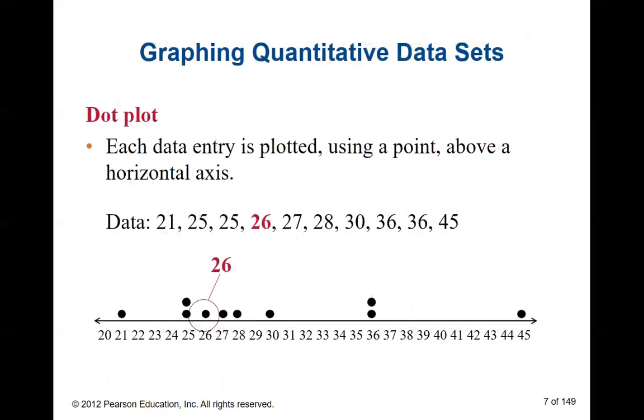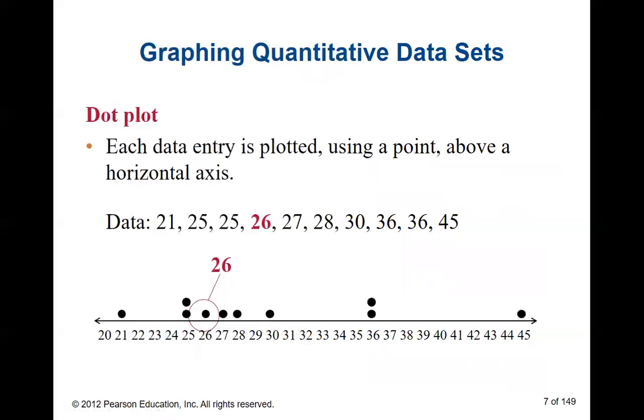Now, here's something else you could do. I will not ask you to do this on a test, but we could take that same group of data they showed us early on, and put it on what's called a dot plot. Would you say that it still contains every individual point in the data set?